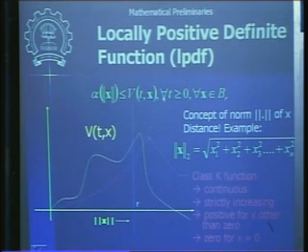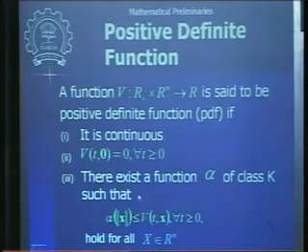That's why we call it a locally positive definite function. You cannot have it everywhere; it's some local domain defined by this value r, or ball of radius r. You understand that? Now let us see the next definition, which is the positive definite function.